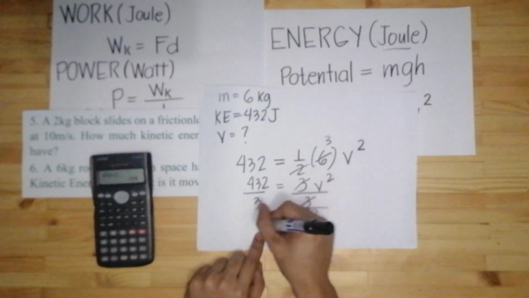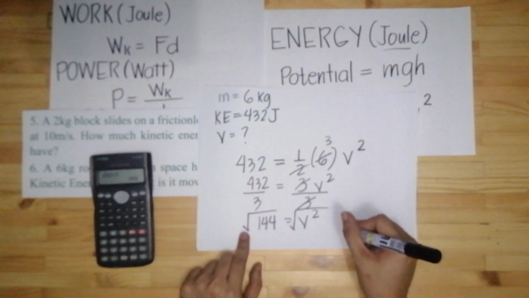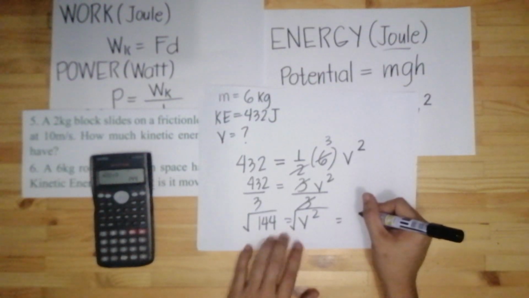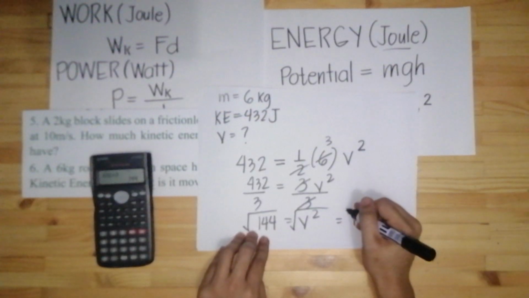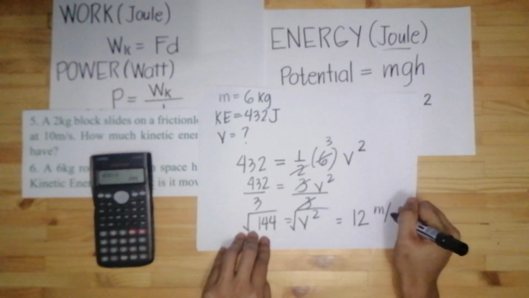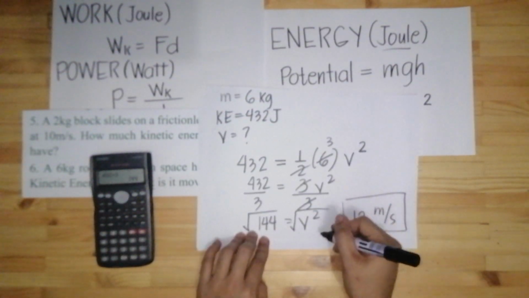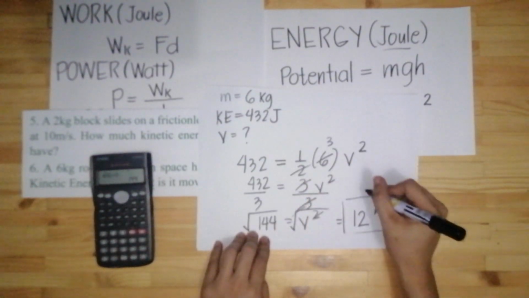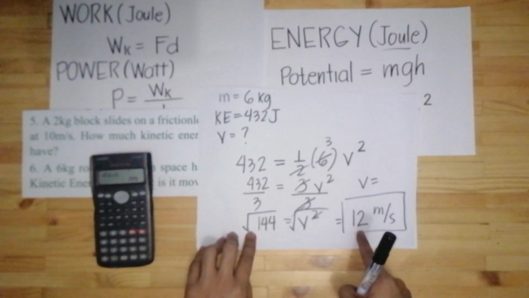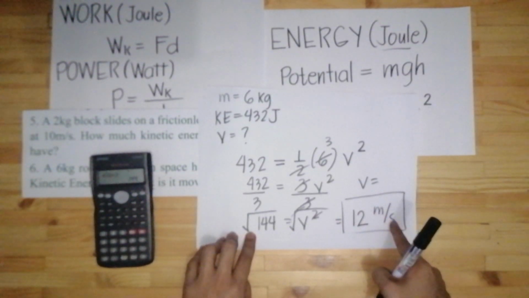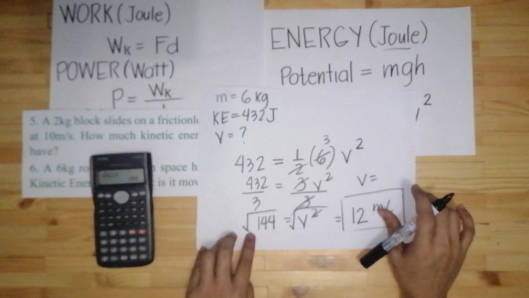So, square root natin to. That is equal to 12. So, 12 yung value ng velocity natin. 12 meter per seconds. Ito, cancel na yan. Magiging V na lang yan. So, V equals square root ng 144, that is 12. Then, the unit must be meter per seconds because it's velocity.